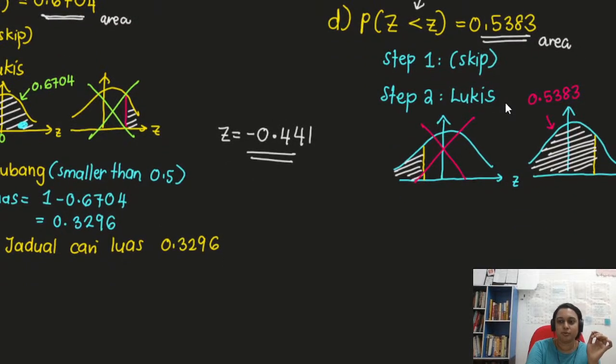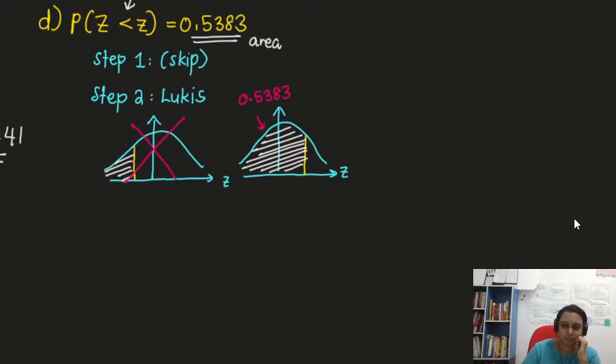Next, we're going to do step 3. Okay, step 3, what we need to do? Okay, like this better. Step 3, what we need to do? We need to draw the lubang. We need to draw the hole.